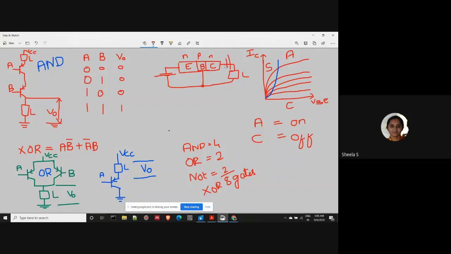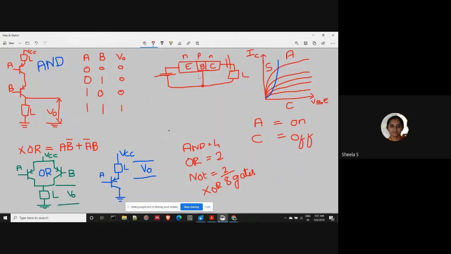Again this junction is also forward biased, so the electrons collected from the emitter will flow to the collector. As a result, current will move between emitter and collector.